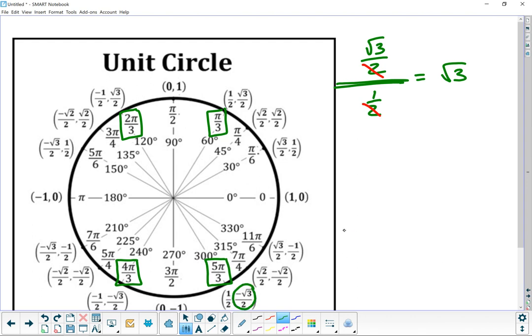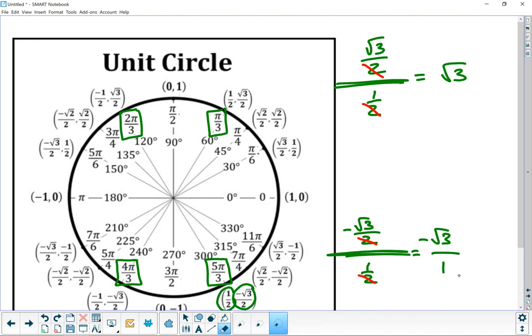Negative radical 3 over 2 over 1/2. Right? Again, the bottom 2's cancel, and you will end up with negative radical 3 over 1, which you could just write as negative radical 3, and that's a negative. So that's our 4 answers: pi over 3, 2 pi over 3, 4 pi over 3, 5 pi over 3.